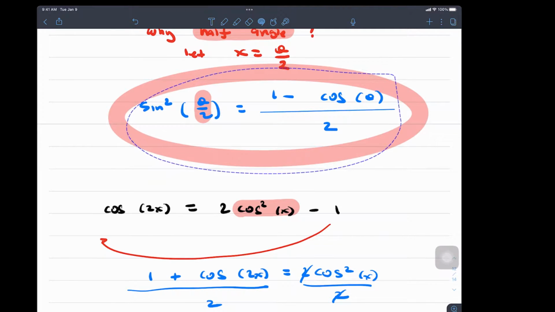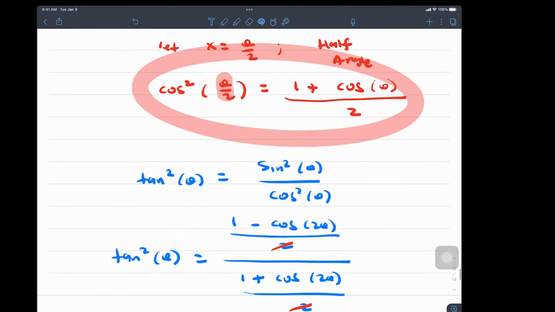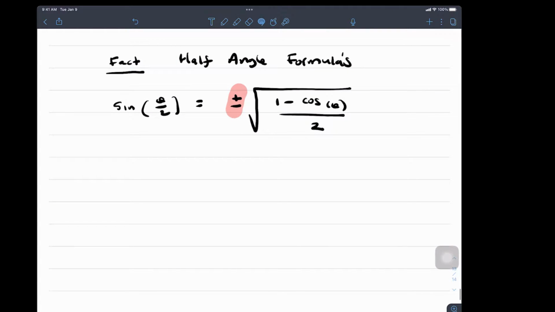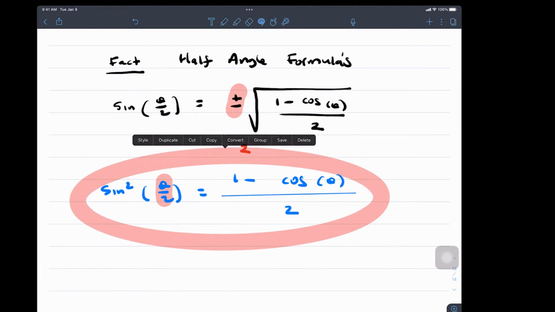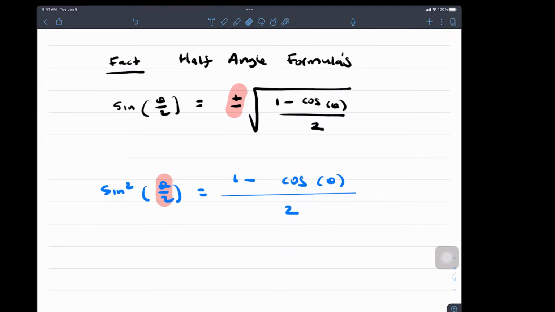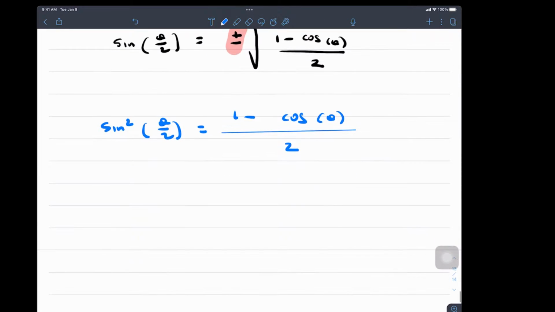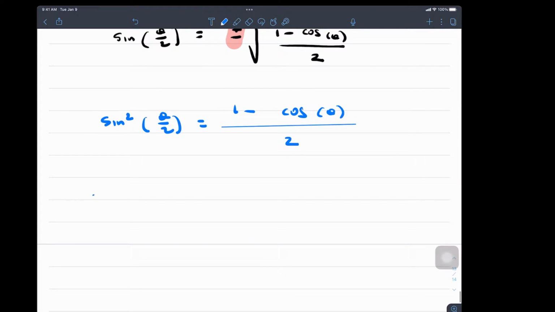So just to remind you where that even comes from, because that's important. Sine theta over 2 equals plus or minus the square root of 1 minus cosine theta over 2.